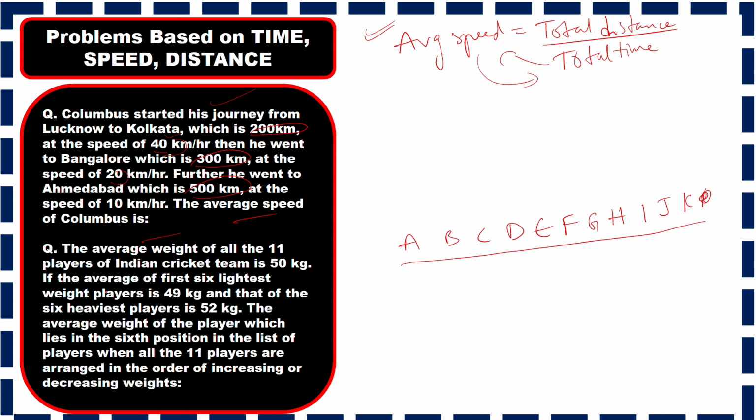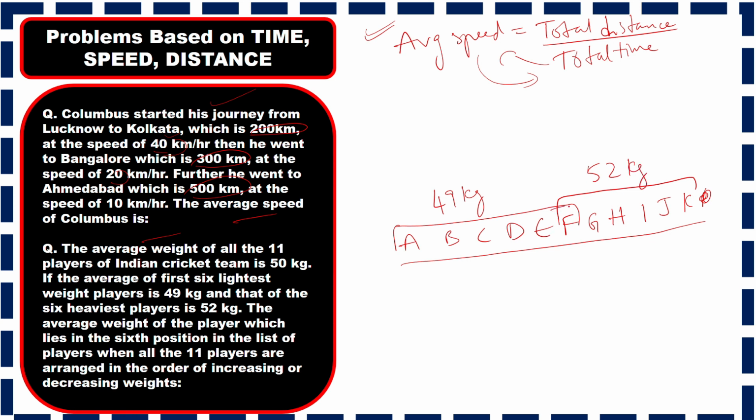And what is given? The average of the first 6 lightest weight players is 49. So the first 6 lightest players, 1, 2, 3, 4, 5, 6, from A to F, the average is 49 kilos, whereas that of the 6 heaviest players is 52 kilos. So 1, 2, 3, 4, 5, 6, from F to K, the average weight is 52 kilos.